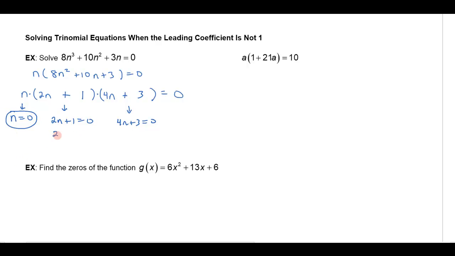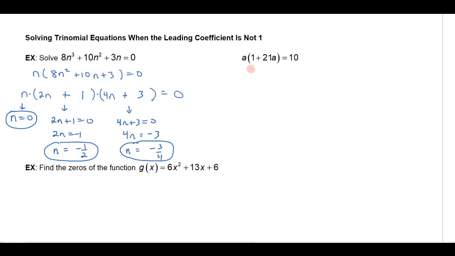Here I have to go a little further. 2n would be negative 1, and n would be negative a half. Or here, 4n would be negative 3, and n would be negative 3/4. Okay? So those are my three solutions by factoring.